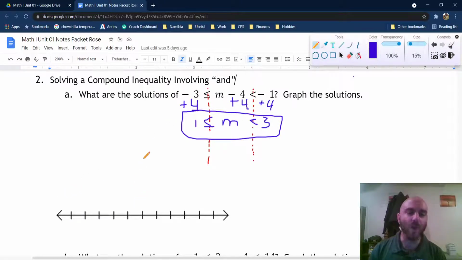Okay, but then we have this number line here, and we're going to graph it. It really doesn't matter how you number it, as long as you get the two numbers you care about on the number line, which are 1 and 3. So I'm just going to go ahead and start at, I don't know, -2, and then I'm just going to number it. I'm writing with a mouse, so it is not going to be very pretty. 5, 6, 7, 8.